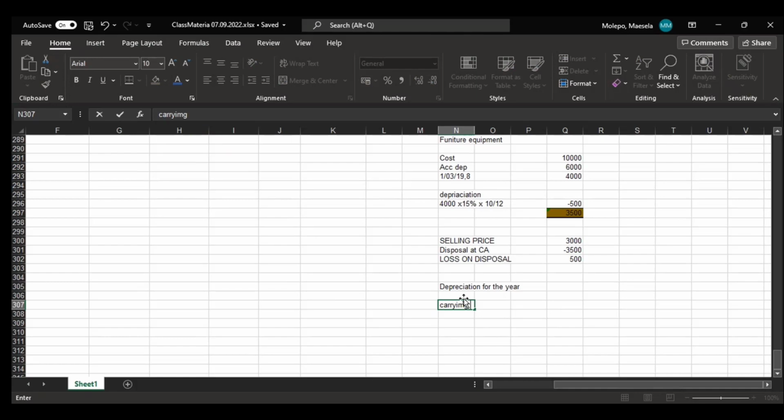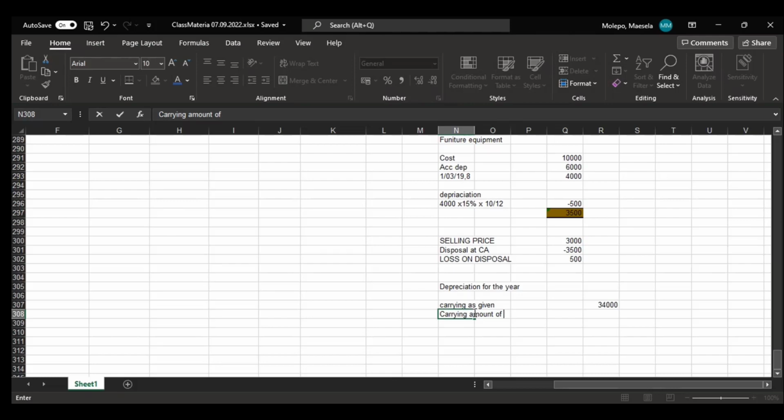The carrying amount as given was 34. We are all happy, ne? Now, what is the carrying amount of the furniture sold? It's 4,000.